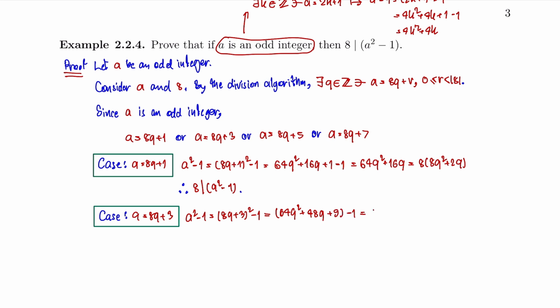Then it turns out to be 64q squared plus 48q plus 8, and factorizing by 8, we're going to have 8 times (8q squared plus 6q plus 1). And this is an integer multiplying number 8. That means that 8 is a factor of a squared minus 1. So 8 divides a squared minus 1.